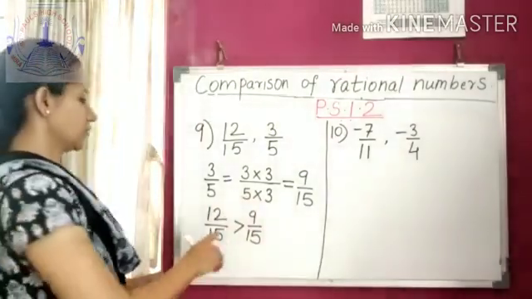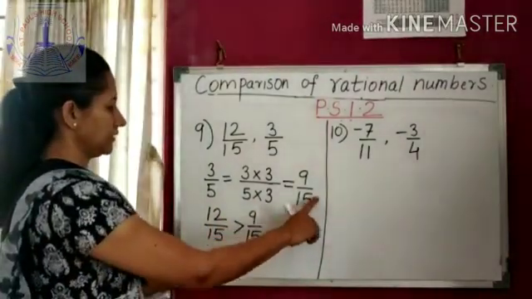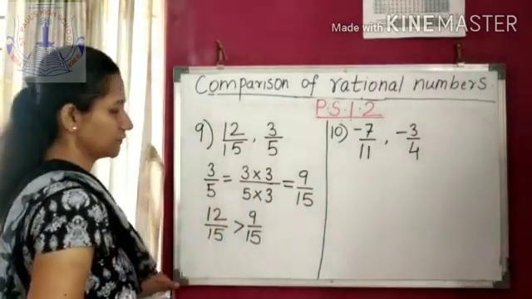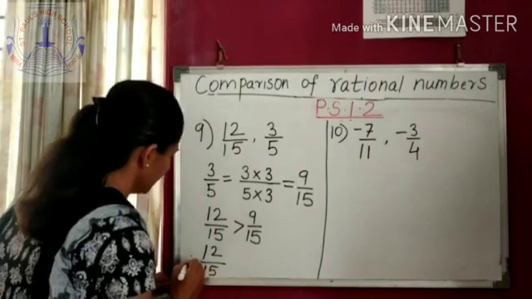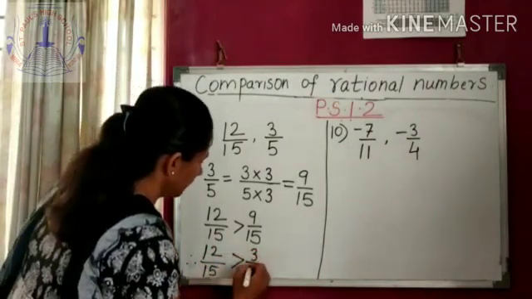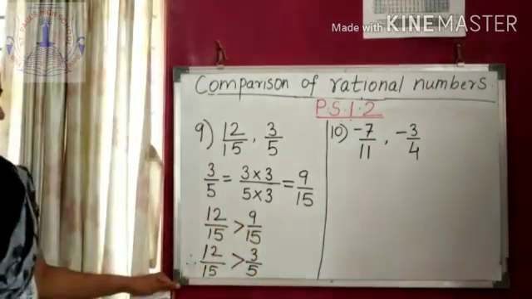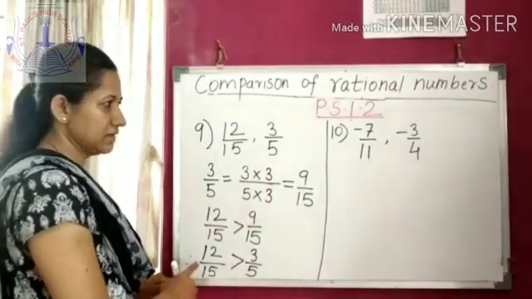Since 9 upon 15 is equal to 3 upon 5, we can also write 12 upon 15 is greater than 3 upon 5. So this is the way how you compare the 9th one. I hope this is clear.